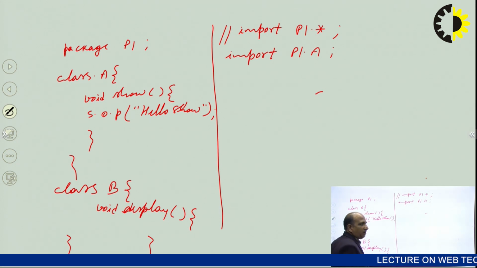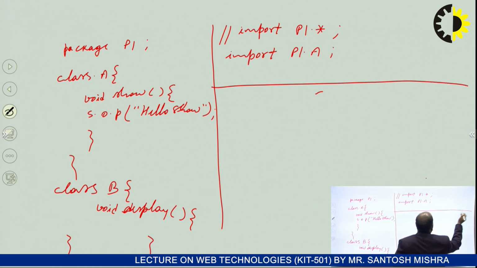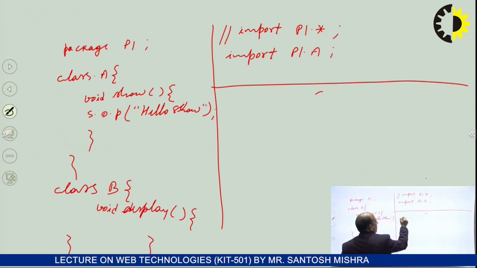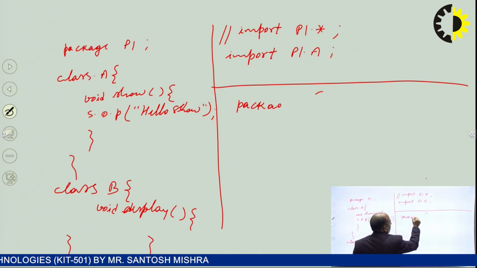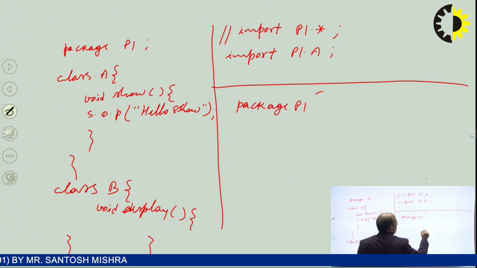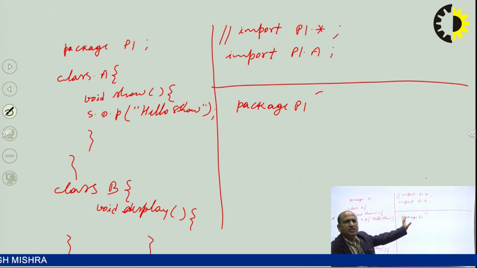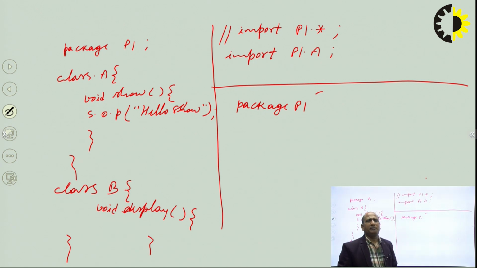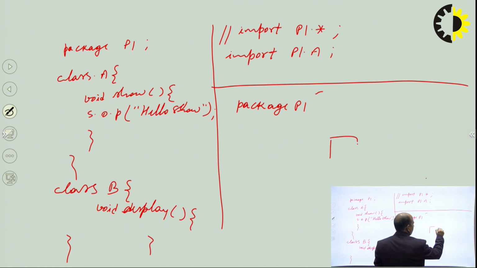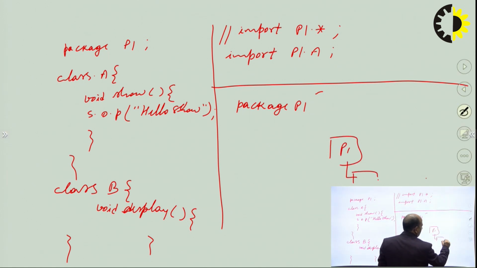Another more important concept is that, let's say I have created a package, and to create the package I will write package p1, and within this package I have created a sub package p2. There is a package p1, and within this p1 package there is another package p2.